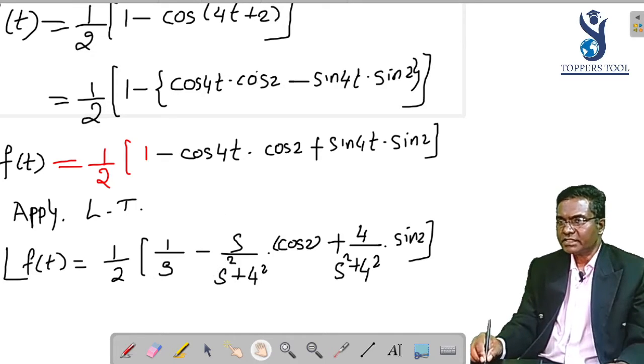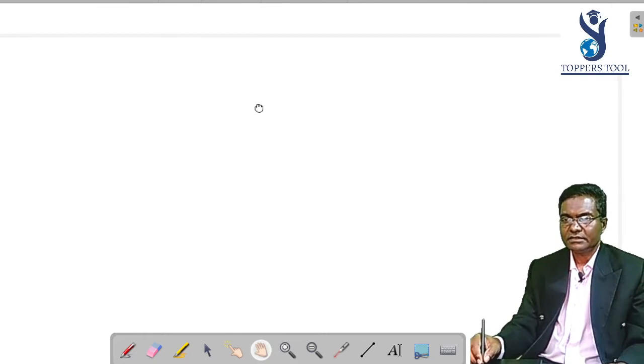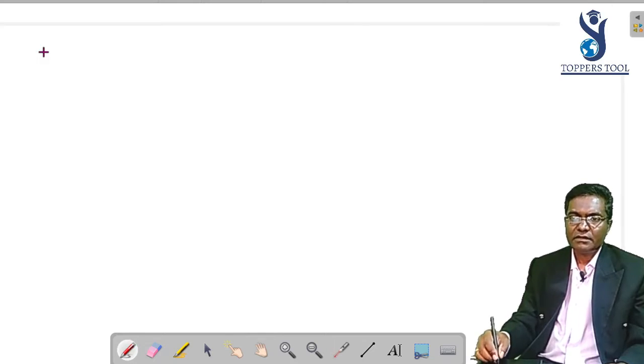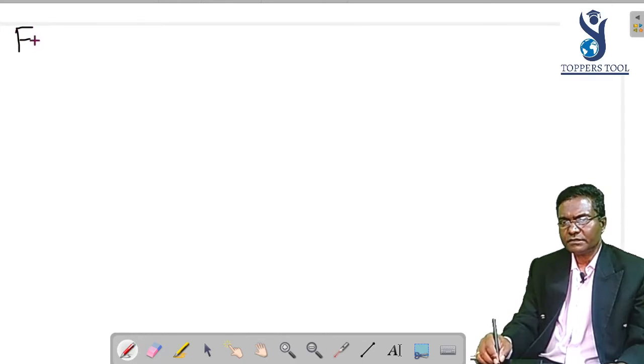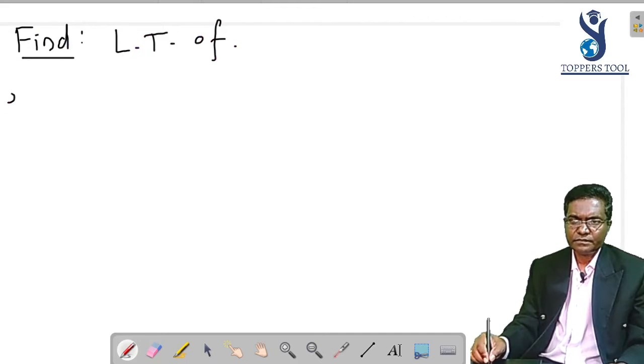Now here, sometimes you will get the Laplace transform of a function which is given in two subintervals. Find the Laplace transform of f of t.